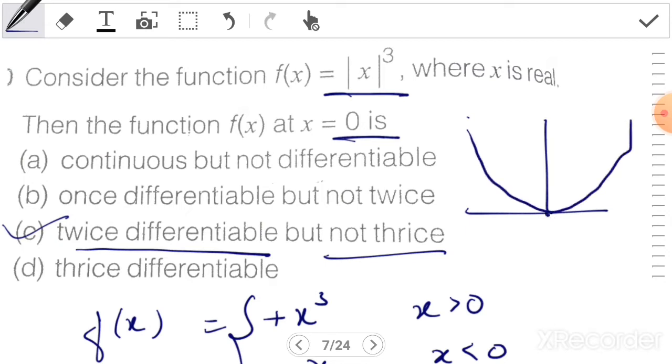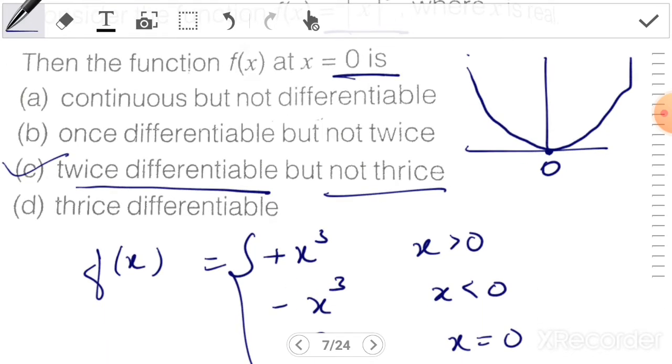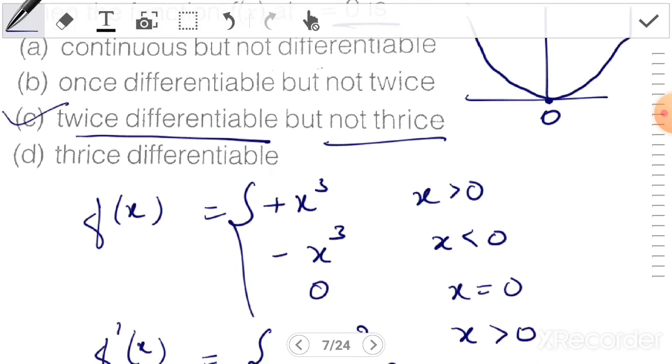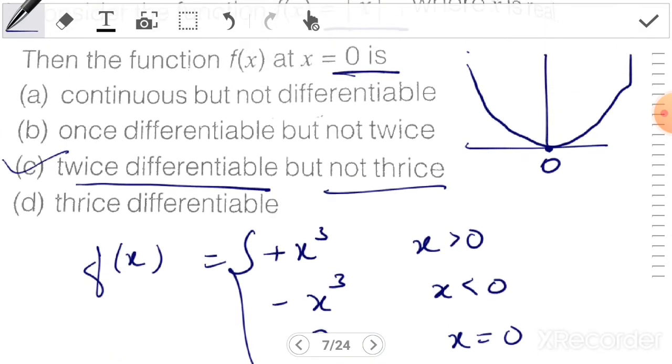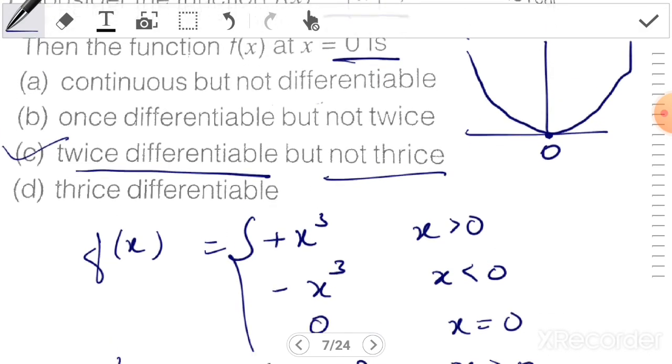Obviously it is continuous at x equal to 0. So the function is continuous and twice differentiable but not thrice. Okay, so C is the right answer.